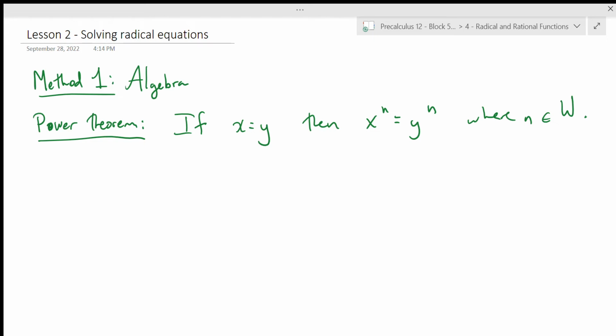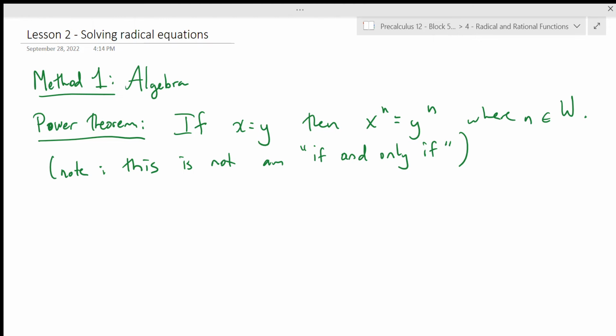So this means we can raise both sides of an equation to the same power, and our answers should stay equal. Notice, though, this is not an if and only if. If it were if and only if, that would mean that if we had x to the n equals y to the n, then x would have to equal y.